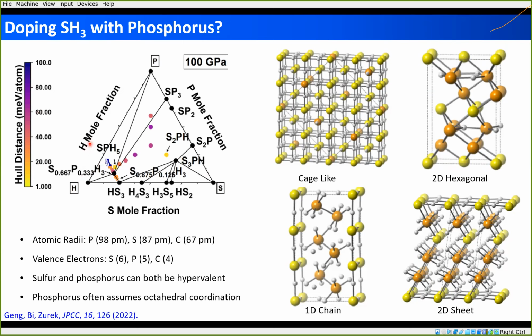And further analyzing this, you can break it apart into different types of geometrical motifs. We find indeed that there's a wide variety of structures that could be metastable, including these cage-like species, ones where you have honeycomb type nets, chains, or sheets.